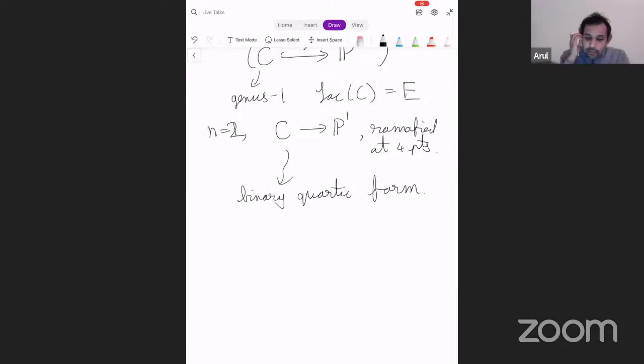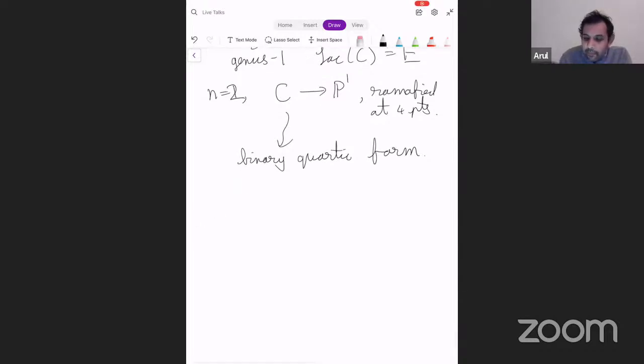So let me talk a little bit about binary quartic forms. This is just ax^4 + bx^3y + cx^2y^2 + dxy^3 + ey^4, a homogeneous polynomial in 5 coefficients.